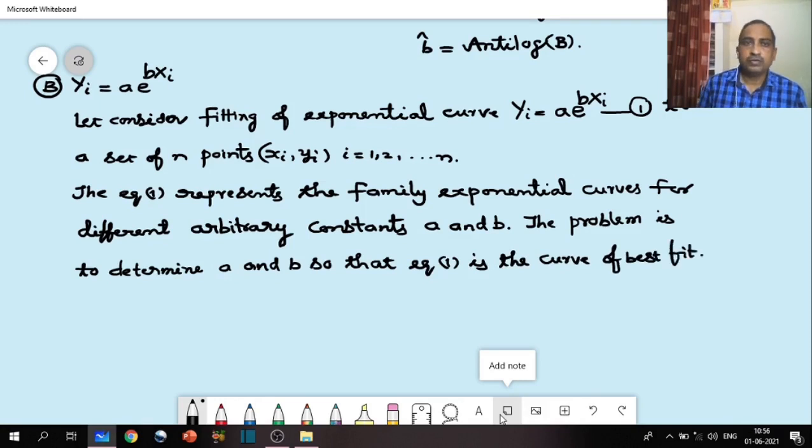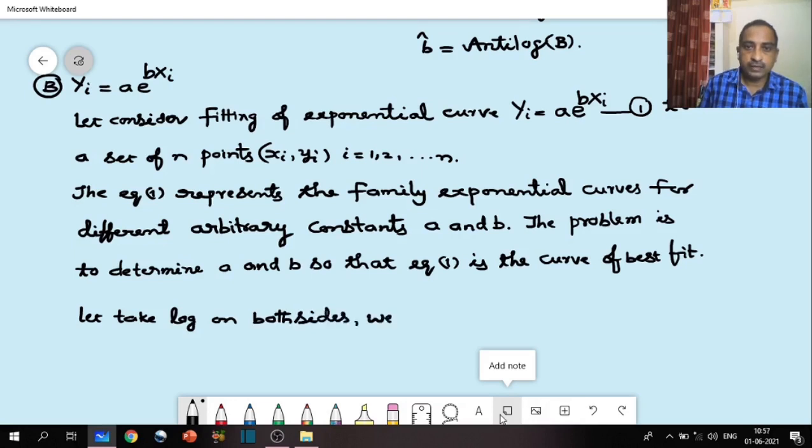Right? So once again, this is a non-linear form, that's why we convert the non-linear form into linear form. Let's take log on both sides.